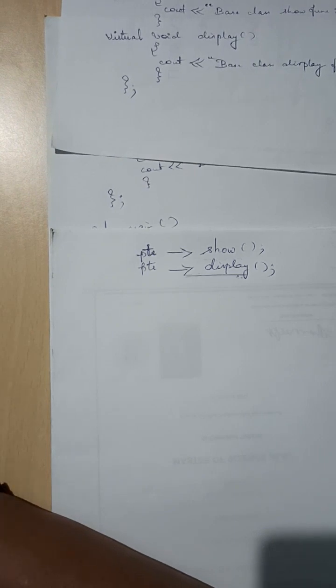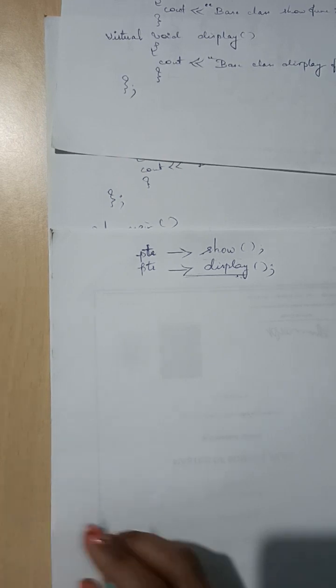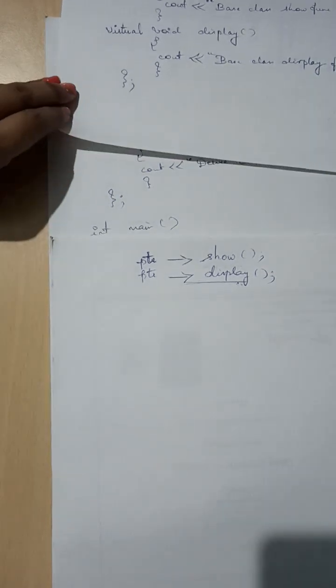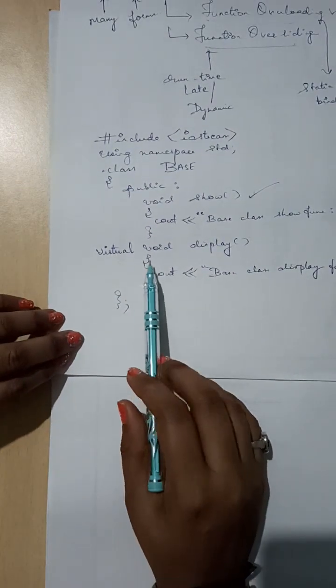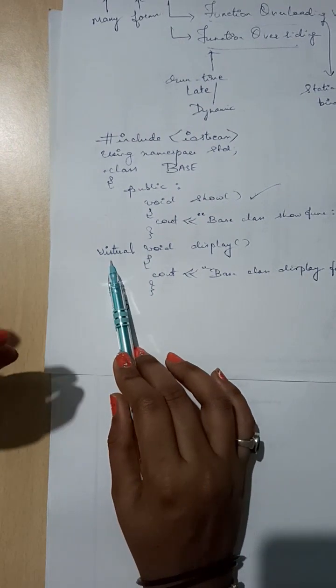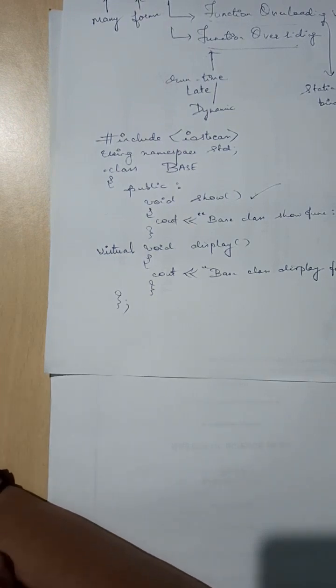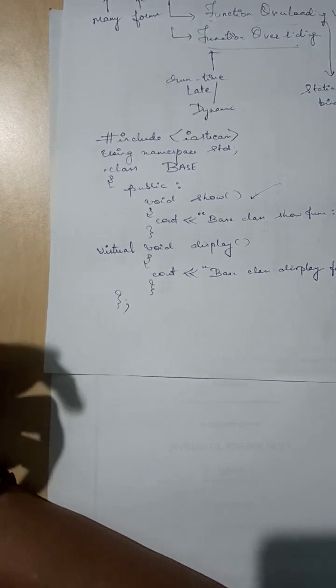So depending on the pointer of the base class, to which object it is pointing to, the appropriate member function gets called. Hope you guys have understood, and the keyword virtual plays a prominent role in overriding. And if you fail to mention this keyword virtual, though you are using a base class pointer, you fail to override the member functions.